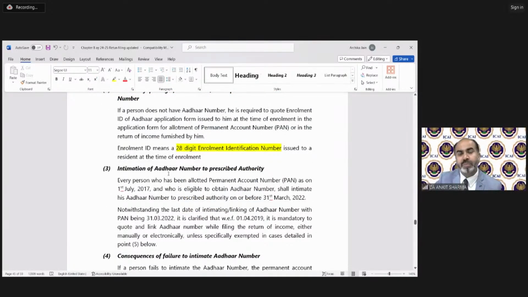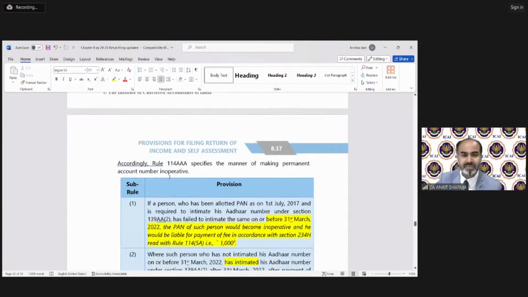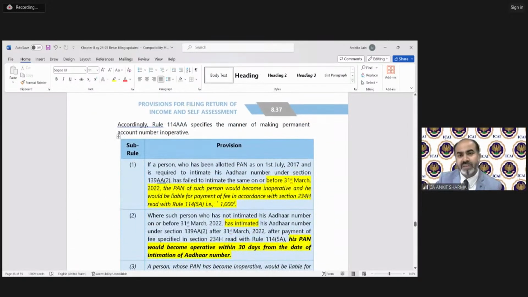Intimation of Aadhaar number to a prescribed authority, and the consequence of failure to intimate the Aadhaar number. If a person who has been allotted PAN as on 1st July 2017 is required to intimate his Aadhaar number under section 139AA and has failed to intimate the same on or before 31st March 2022, the PAN of such person would become inoperative and he would be liable to pay a fee according to section 234H, read with rule 114-5A, that is 1000 rupees.